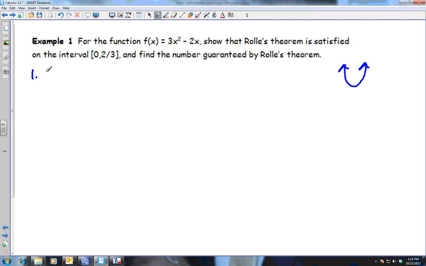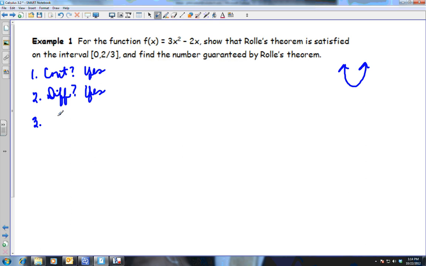So I'm going to say, yes, it is continuous. My second one, is it differentiable on that interval? I know that there's no breaks in this graph, there's no corners, there's no cusp, there's no vertical tangents. So, yes, it's differentiable on that closed interval from 0 to 2/3.